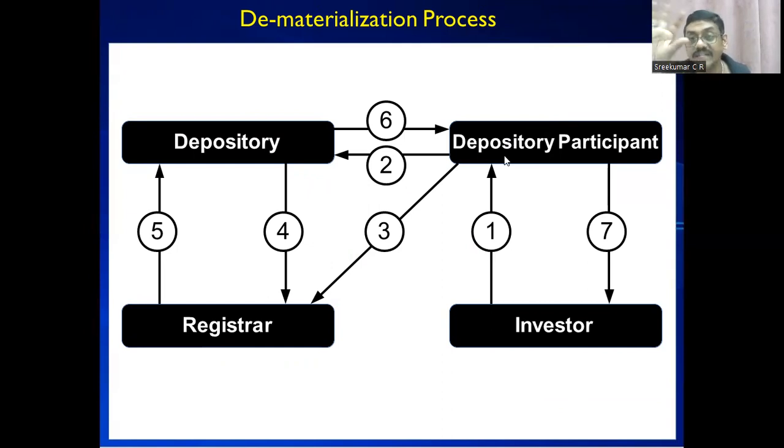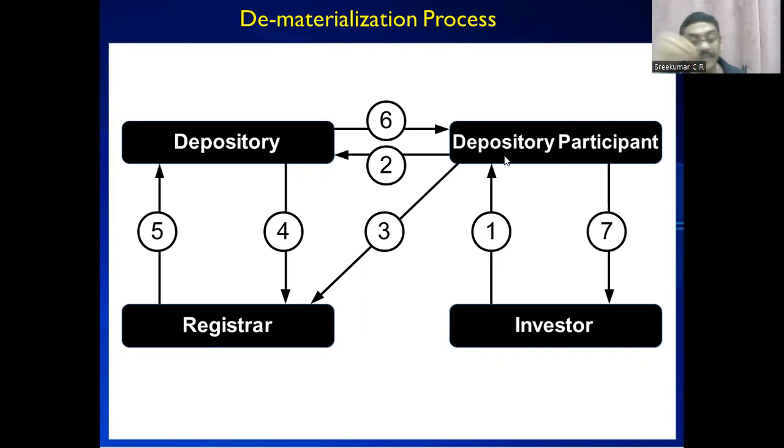That is number two, the depository participant. Then from that stage, the depository participant will approach the depository, or he can approach the registrar. As a third step, he will approach the registrar. From the depository, it will be passed to the registrar.